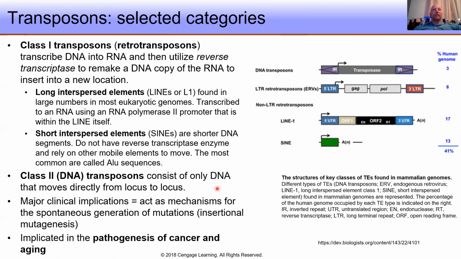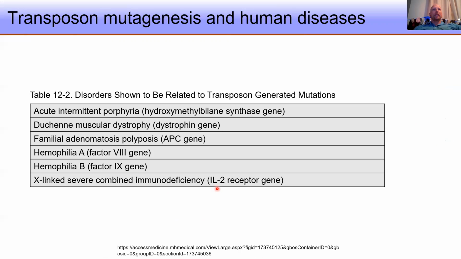We think that transposons are linked to cancer and also the process of aging. Other diseases listed here that we believe are associated with transposon mutagenesis include a type of muscular dystrophy, two types of hemophilia, A and B, which is when you lack a clotting factor, and a type of severe immunodeficiency, all believed linked with transposon-generated mutation.